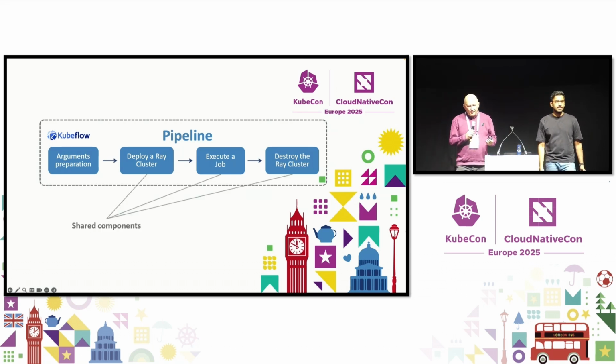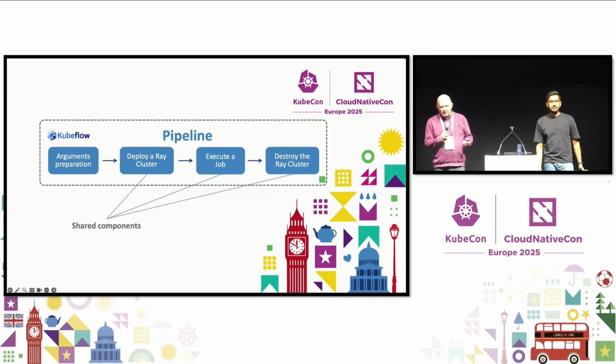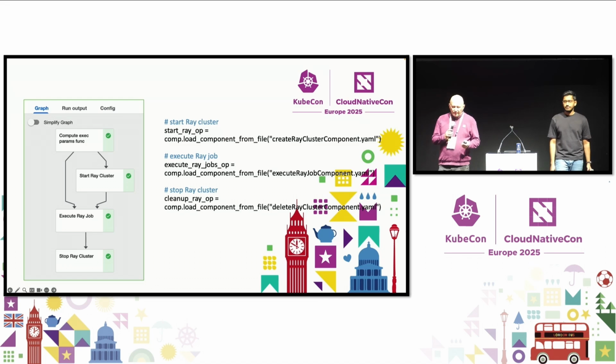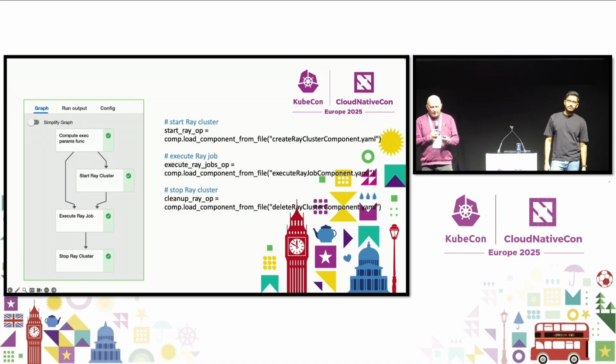And all these three components, deploy Ray cluster, execute job, and destroy the Ray cluster, are shared components, the same for all data preprocessing steps. The difference is only in the arguments that we provide to them. We can see here an example of a simple run with all three components we mentioned, and how we create the components.